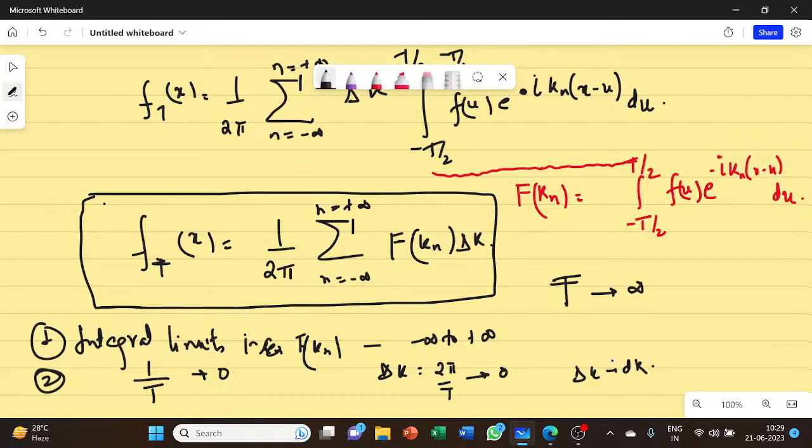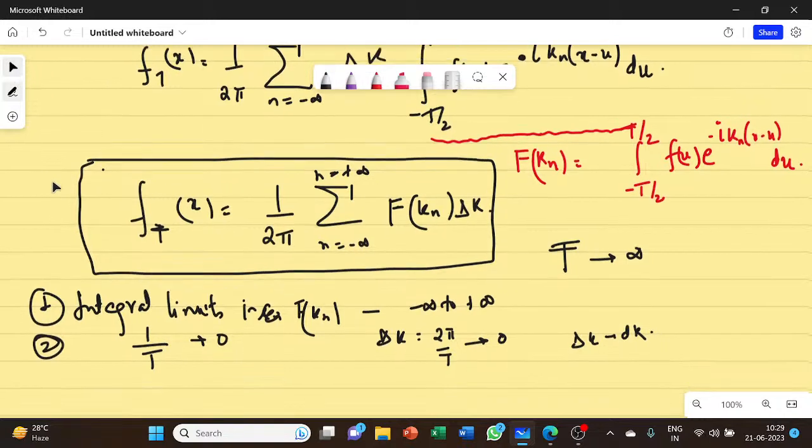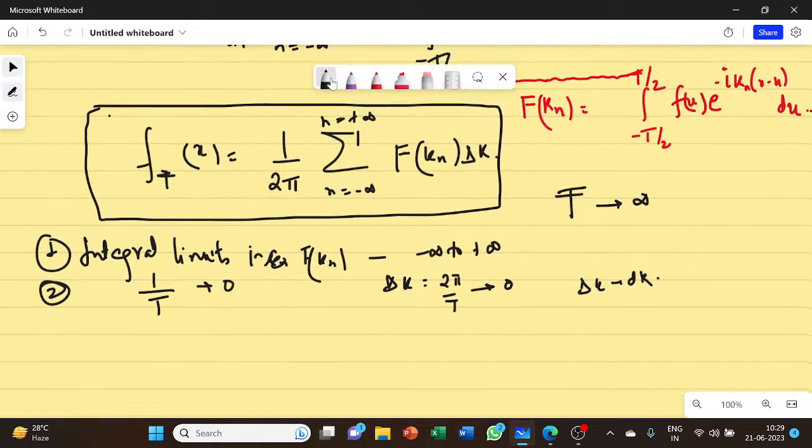So now what I'll do is, if I take n tends to infinity, instead of k n, I'll drop this n now here. I'll simply write f of k is simply equal to the integral from minus infinity to plus infinity of f of u, e to the power iota k times (x minus u), du.